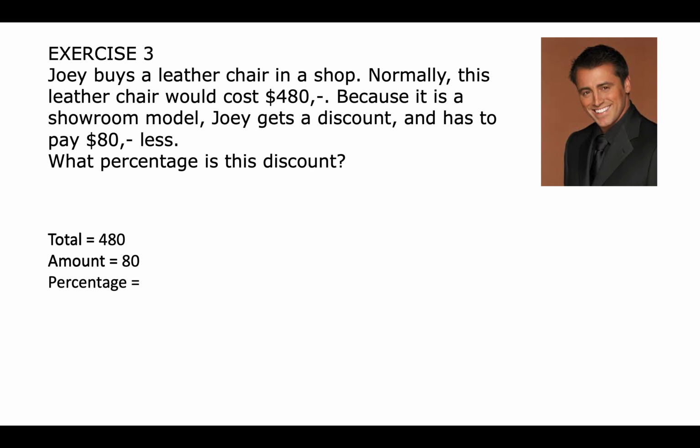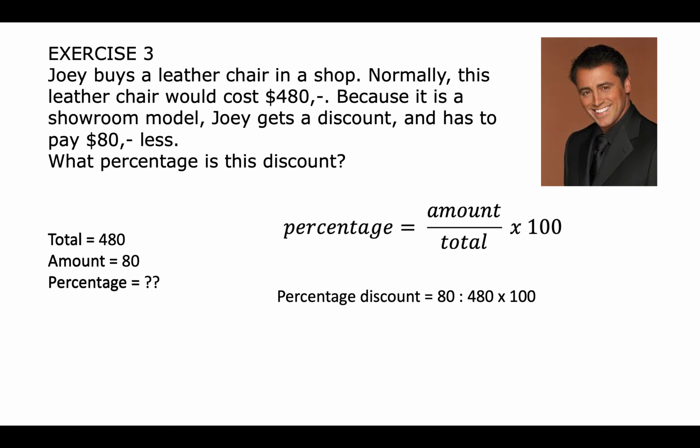The question literally is, what percentage is this discount? So we use the formula for percentage: the amount, 80, divided by the total, 480, and multiply with 100. And if we do that, we get to 16.7, because we always round percentages to 1 decimal.